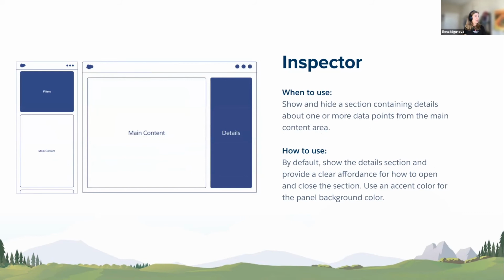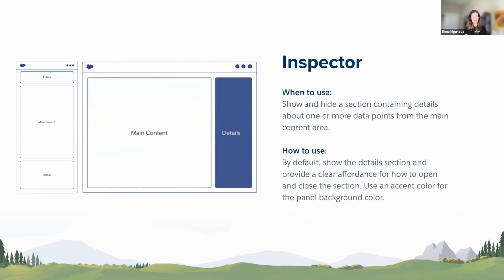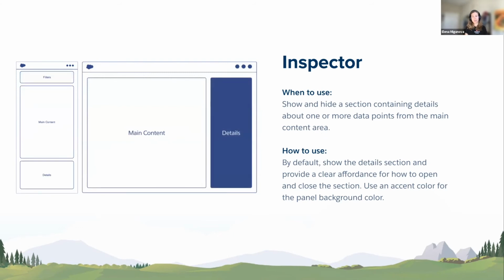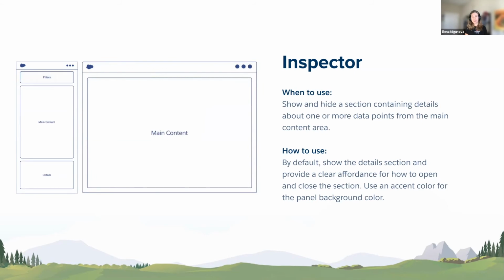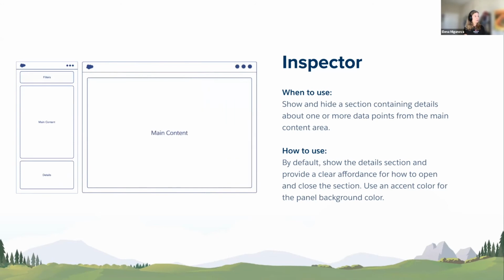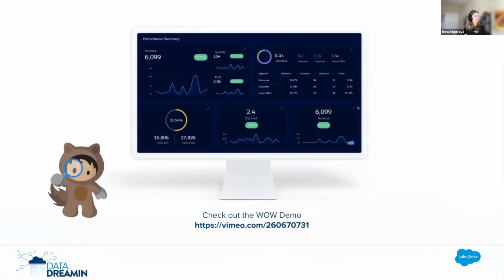Or this pattern here, where you do have a lot of main content, but there's some additional details that you may want to pull out based on what it is you're doing. So for example, hiding a filter panel until your user needs to filter something would be a good example and what people do sometimes.